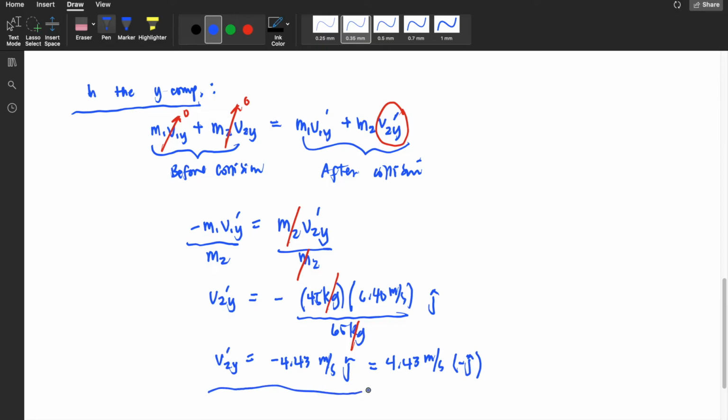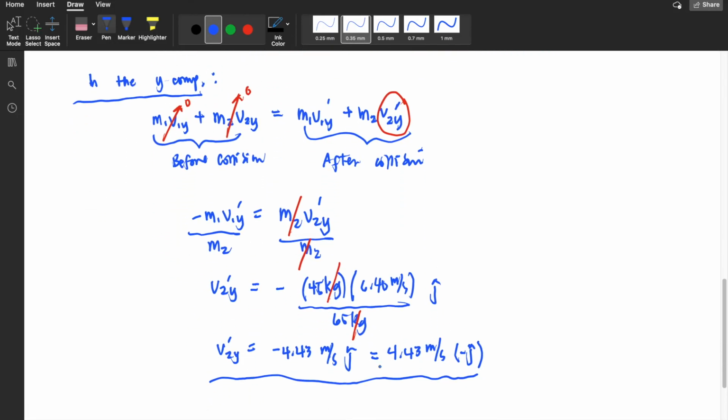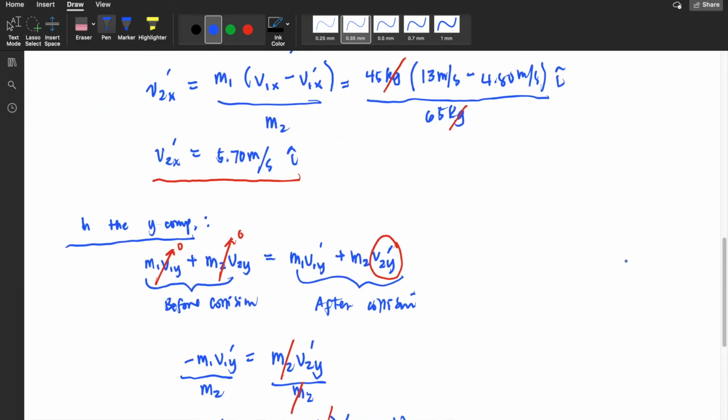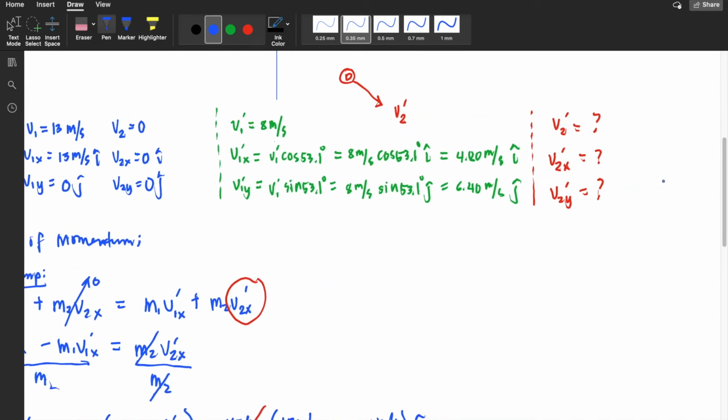If you'll notice, its y component is negative, so you'll have an idea where v2' is lying. Its x component is positive and its y component is negative, so that would only mean it's lying along the fourth quadrant. Next, we'll have to look for the magnitude of v2'.